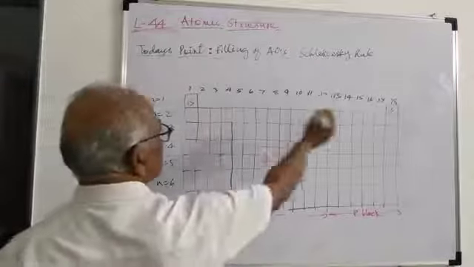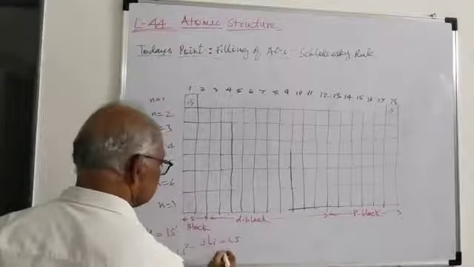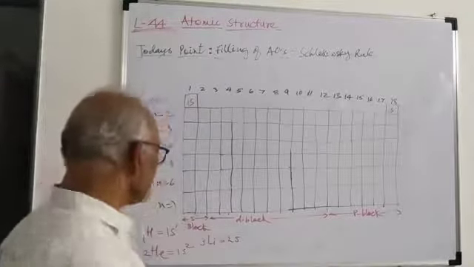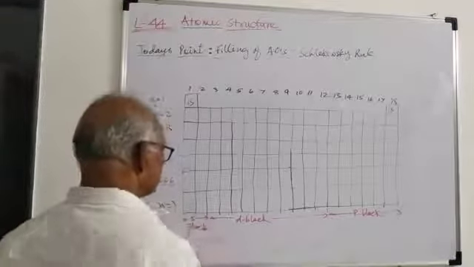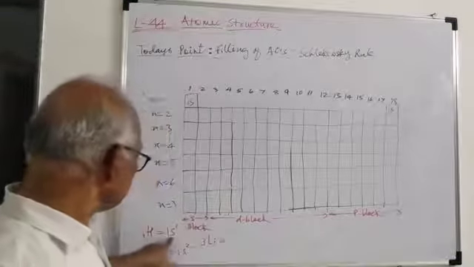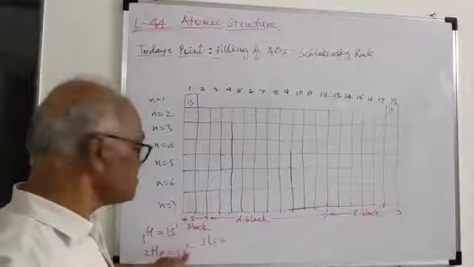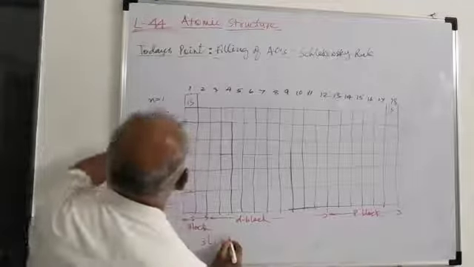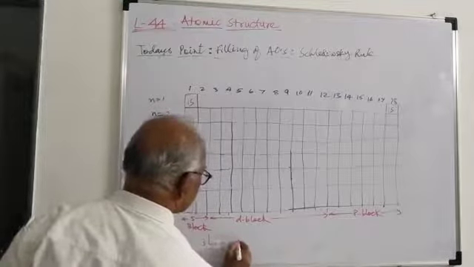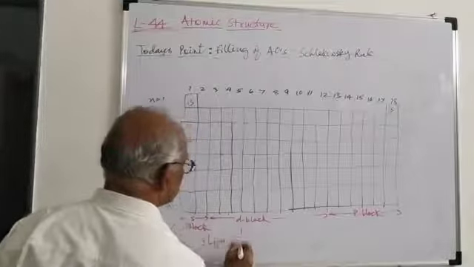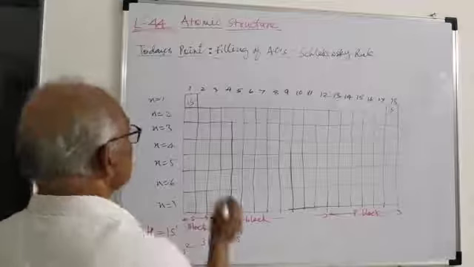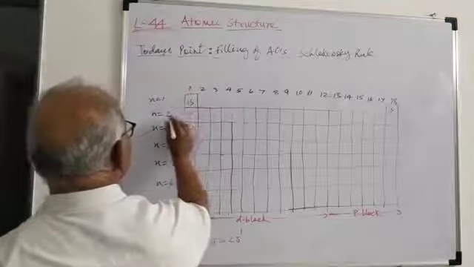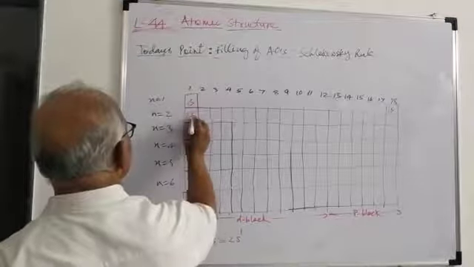So for this lithium, the first 2 electrons are present in this 1s. The last electron will enter into this 2s. So we will show here that the next orbital filled is 2s.